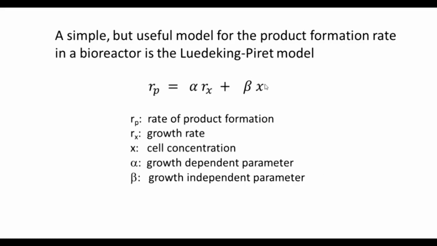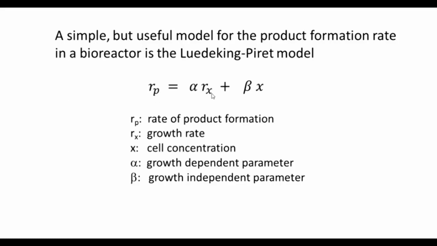Okay. There are growth dependent products and growth independent products. Growth dependent products are sometimes called primary metabolites. Growth independent products are sometimes called secondary metabolites. These are loose associations, but this is what we need to look at.